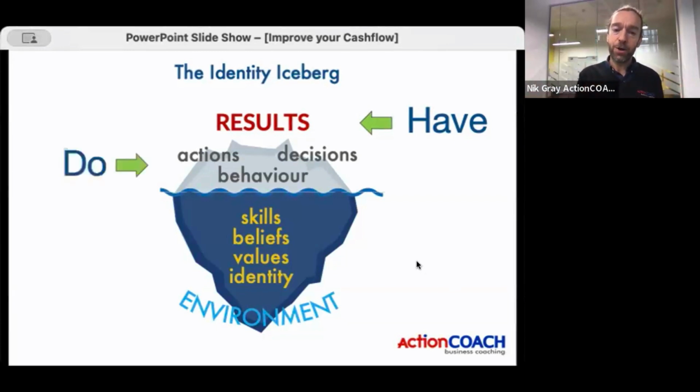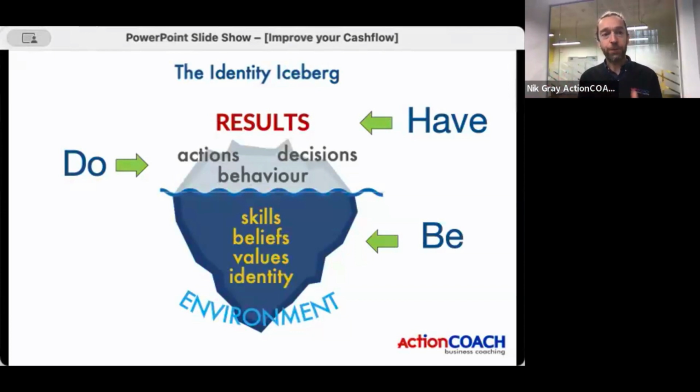Some of the things we're going to do are the strategies, which we'll come on to shortly. That's how you get that stuff. But the biggest impact will be on this stuff below the waterline. This stuff below the waterline is who you are, who you're going to be.